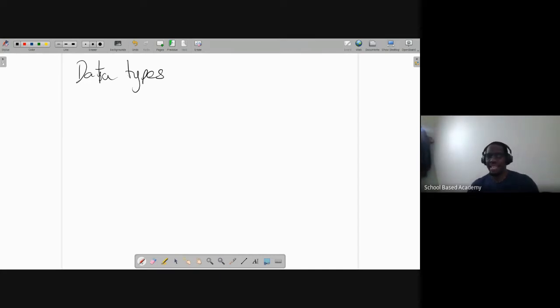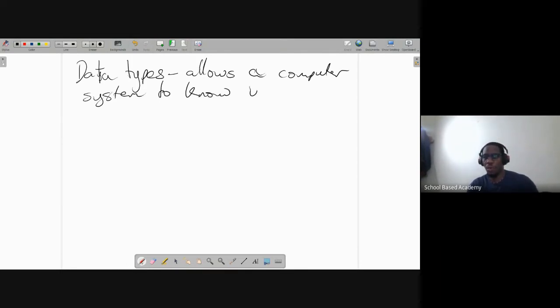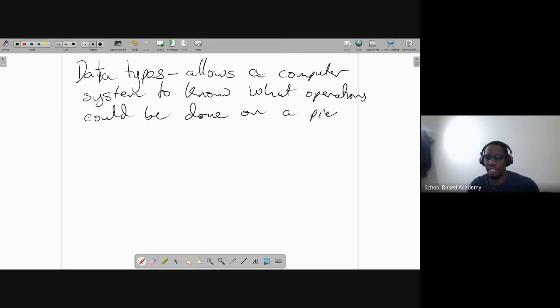But if we have to define it, a data type allows a computer system to know what operations could be done on a piece of data.